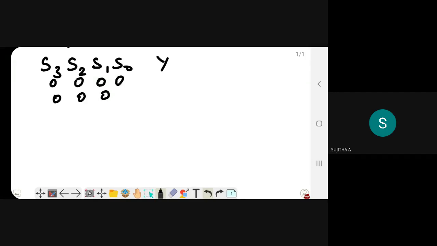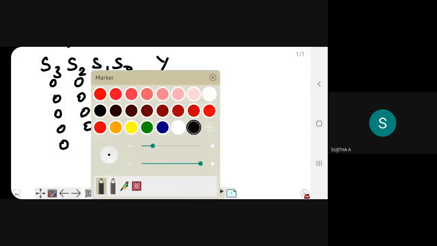Truth table, ma'am. So I'm going to name the inputs S3, S2, S1, S0, and Y should be its output. It is a 4 variable table, starting with 0010, 0011, 0100.